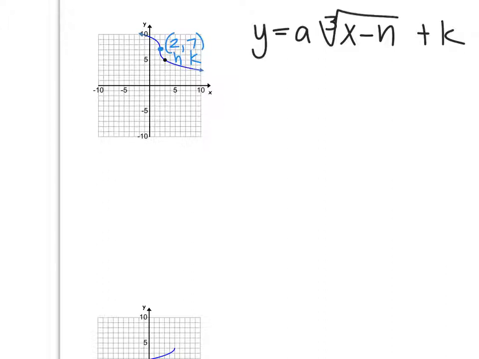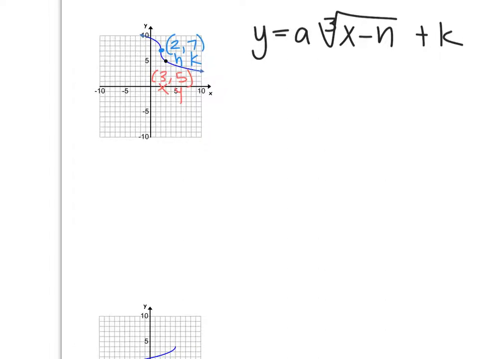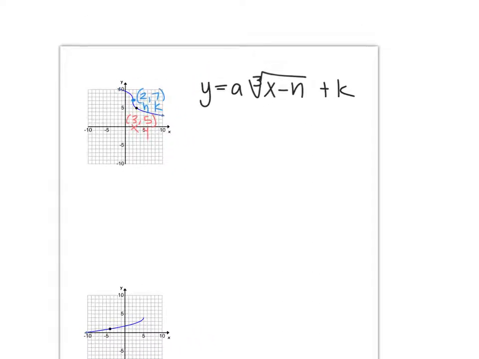The other point that's highlighted, 3, 5, that's my x and my y that I can also plug in to find a. All right, I'm going to plug those in two pieces, though, at 2 steps, because I want to be able to refer back to my equation when just h and k were filled out.